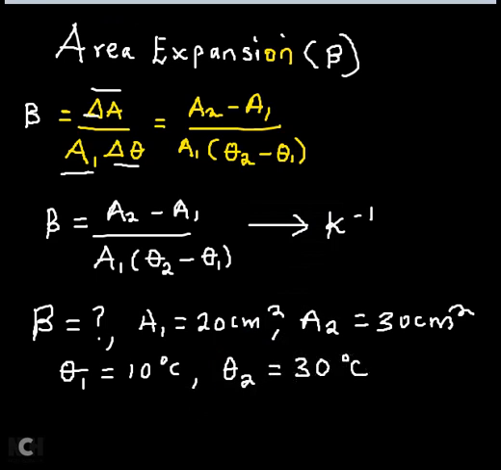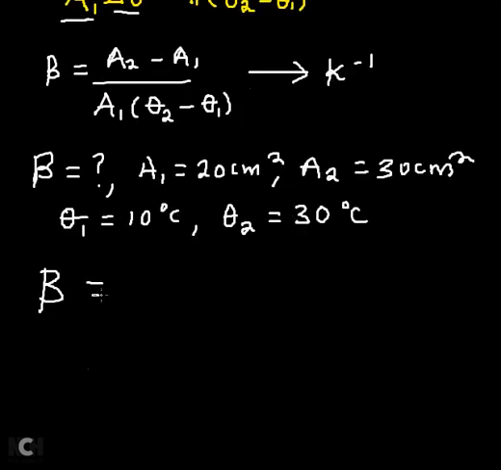So let's look at how we evaluate this. In this case, apply the formula. The coefficient of area expansivity is given by the increase in area, which is the final area minus the initial area, 30 minus 20, divided by the original area, which is 20, times the rise in temperature, 30 minus 10.